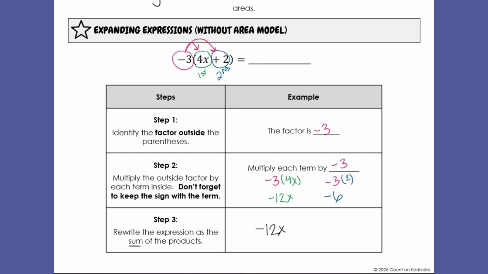If you notice, the product of my second term was -6. And so this negative sign can also act as a subtraction sign. So if this is a positive 6, I would write +6. If it's a -6, which it is, I'm just going to write -6. So my final expression is going to be -12x minus 6.